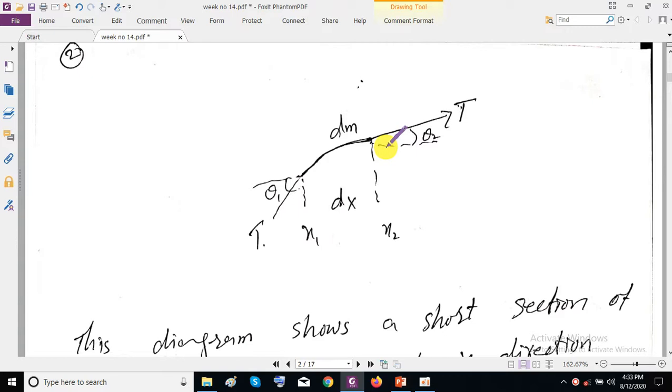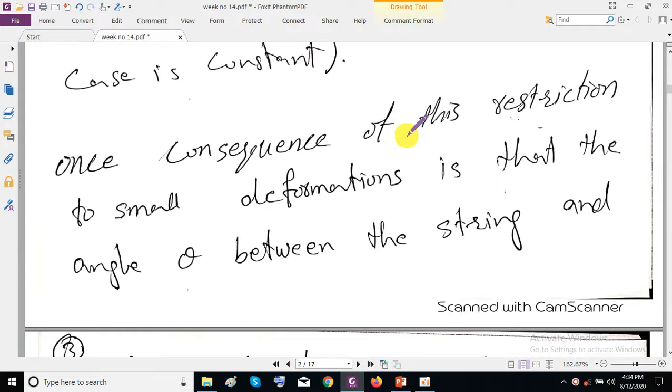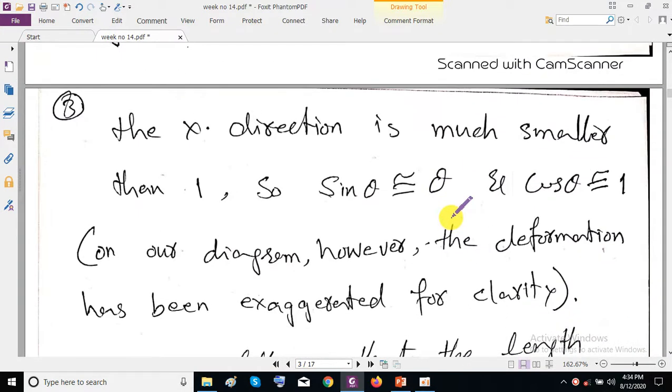We have zoomed it, so that is why it looks big to you. But this is a small portion, so this angle is less than 1. This is greater than 0 but much smaller than 1. So in this case sine theta is approximately equal to theta, and cos theta is approximately equal to 1.